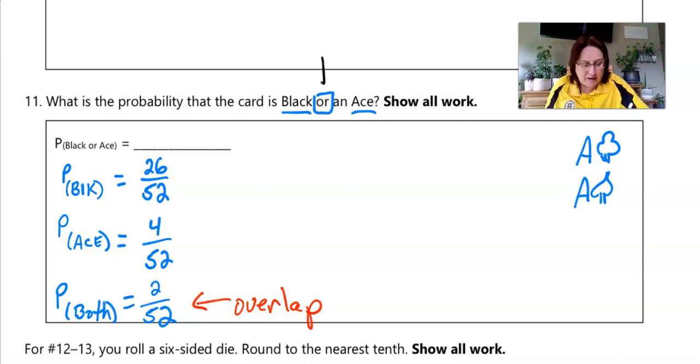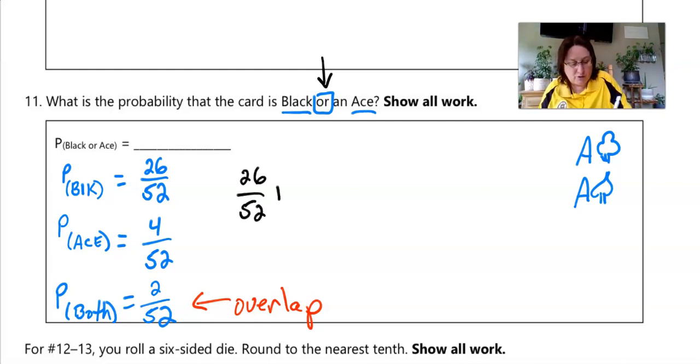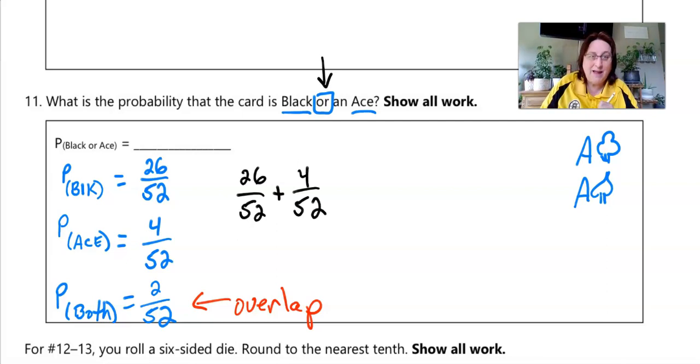We have the keyword "or" up here, so we're going to add all of these probabilities, except we're going to subtract the overlap, aren't we? So it looked like this: 26 over 52, the probability of drawing a black card, plus the probability of drawing an ace, and then we're going to subtract the overlap, the probability of both of those happening.